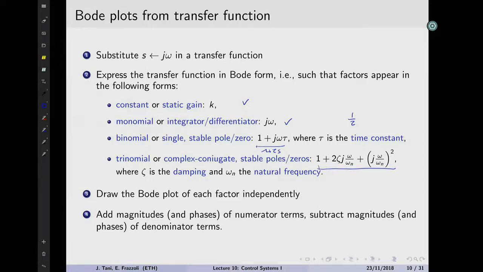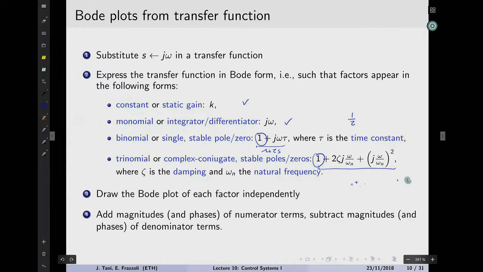So don't get fooled by somebody that might or might not in the exam give you a transfer function that you have to turn into a frequency response that maybe is in the form, I don't know, omega n plus 2 zeta j omega plus j omega squared, something like that, okay? Be careful that you want to make sure that all terms you analyze are expressed in the form that they're written here, so that they have a +1 term.